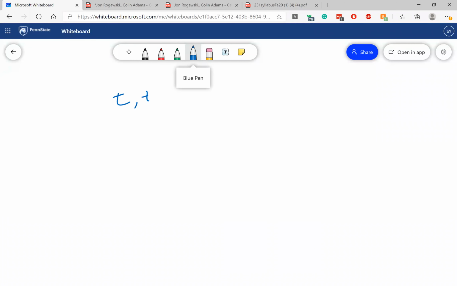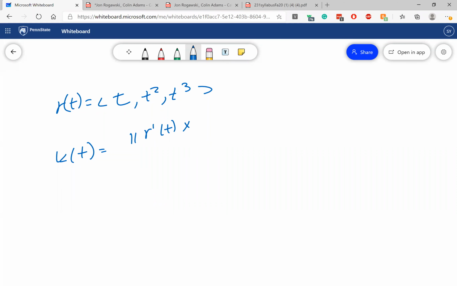And the curvature is going to be equal to the magnitude of r prime of t cross r double prime of t over the magnitude of r prime of t cubed.